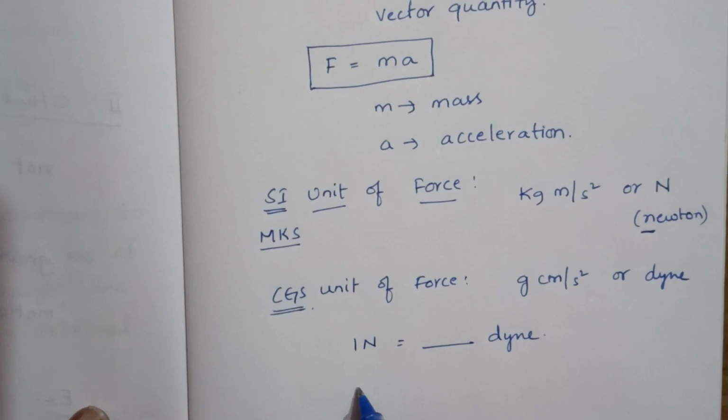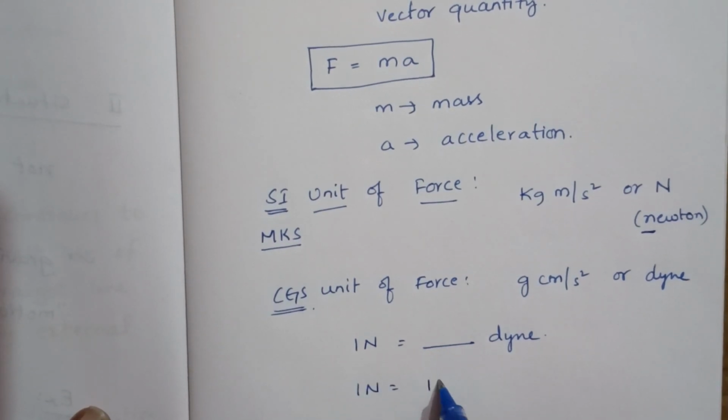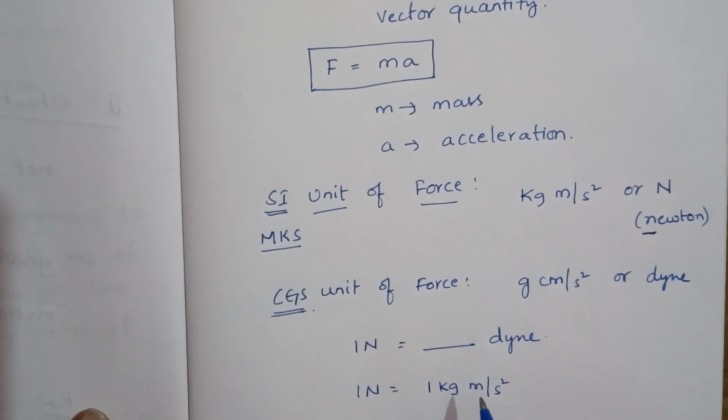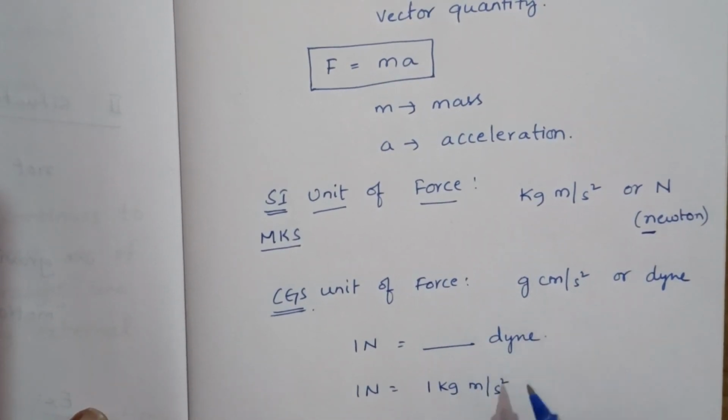1 Newton means 1 kg meter per second square. So we should convert kg into grams, meter into centimeters, seconds always stay second.